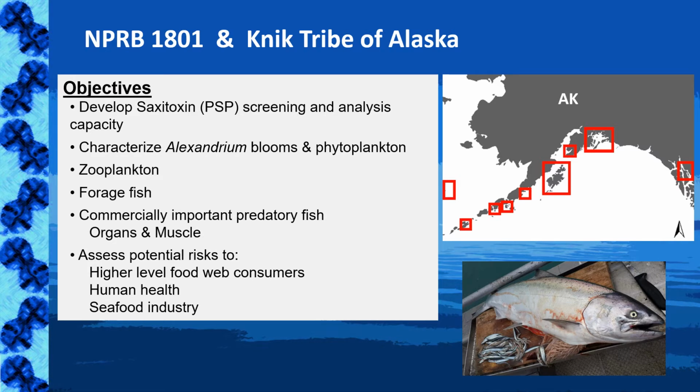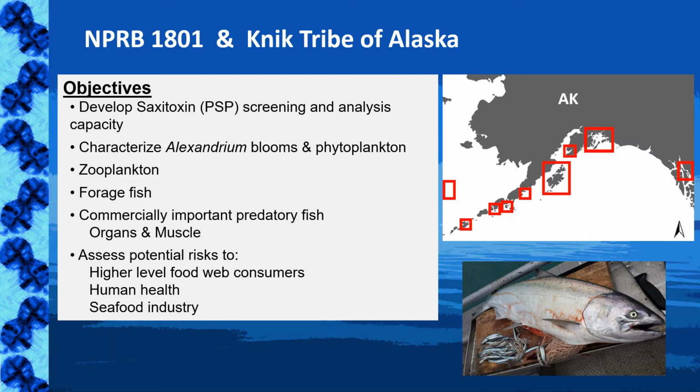The objectives of this project were to develop saxitoxin screening and analysis capacity in Alaska, as well as to characterize Alexandrium blooms and phytoplankton blooms. Another objective was to examine toxins in zooplankton, forage fish, and then commercially important predatory fish.